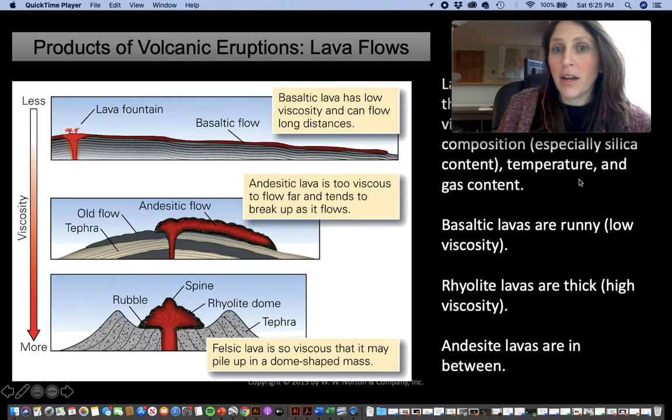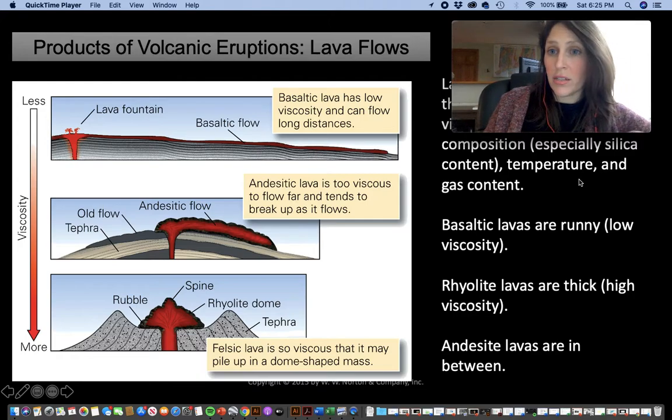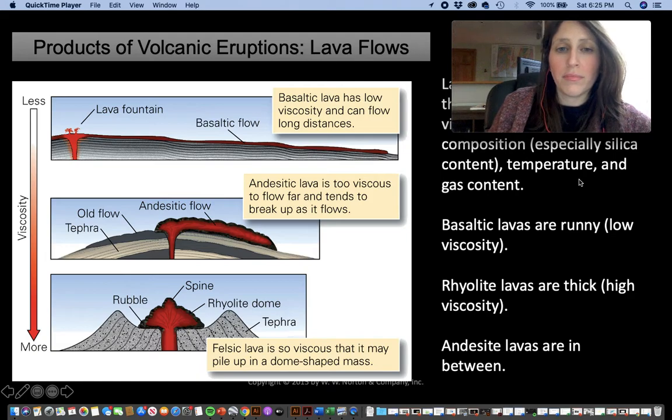Now again, you're going to have lava flows mostly associated with our basaltic flows, right? Because lava is able to flow in this low viscous type of material, whereas you're not going to really have lava flows with andesitic lava or rhyolitic type of lava, right?